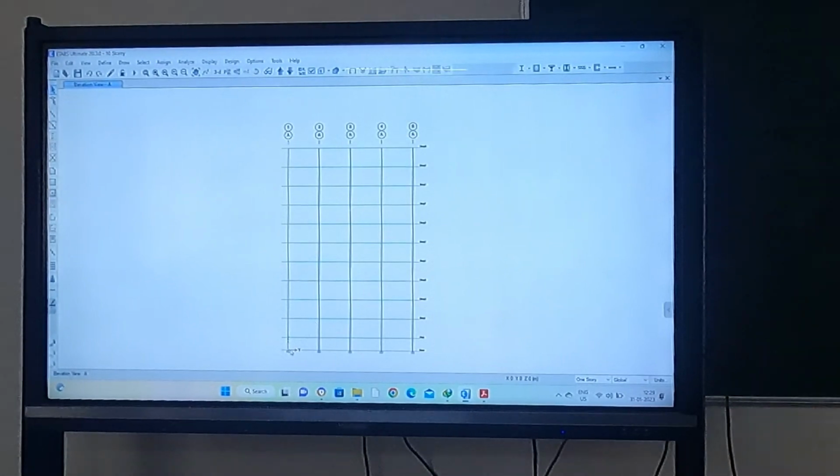Bottom story height is 2 meters, remaining 3 meters. So what will be the h value? 32, right? We have 10 stories plus the bottom height of 2 meters, so 32. So calculate the period and tell me how much you are getting.